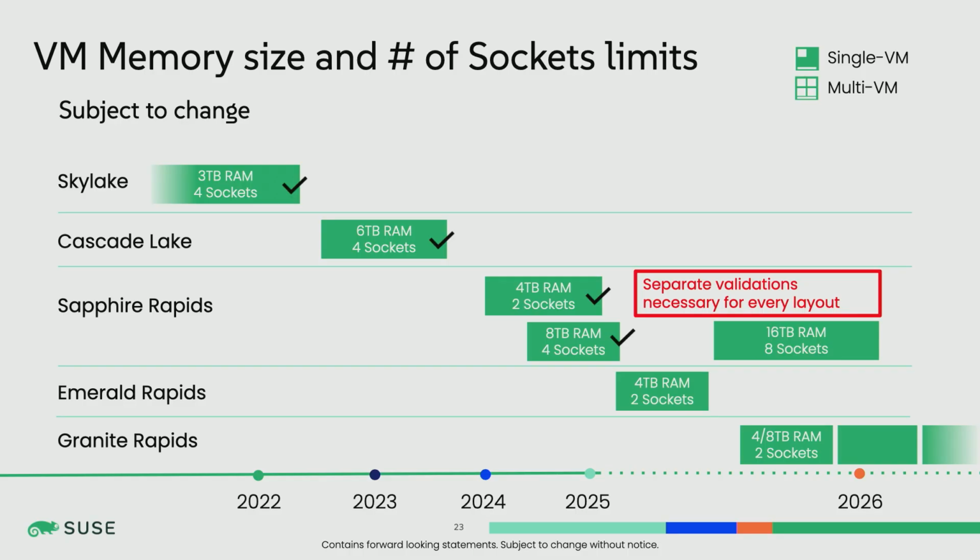And again, we are working on 8 sockets 16 terabytes, as well as on 2 sockets 4 terabytes in the Emerald Rapids dimension. Granite Rapids is coming. We are not sure at the current point in time which sizes we will have to validate there.